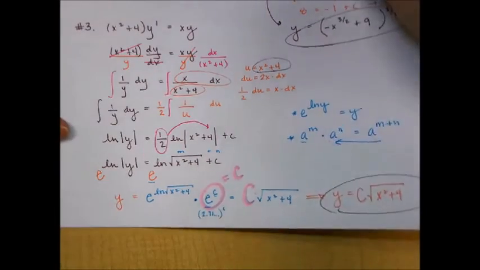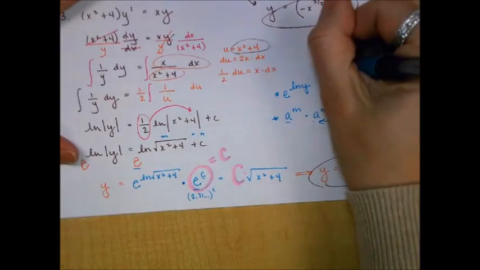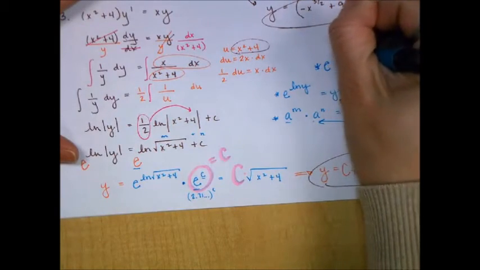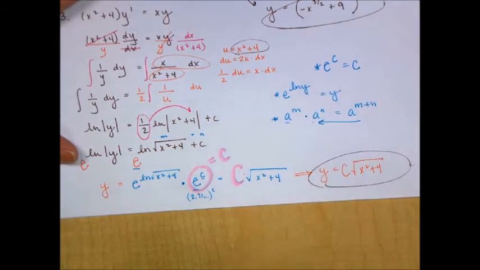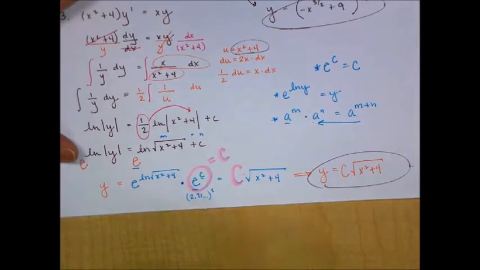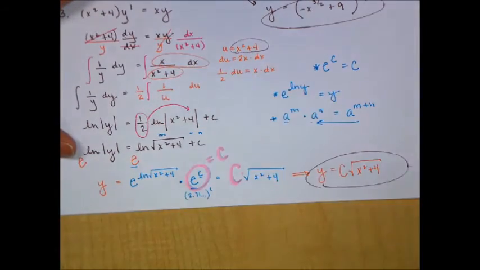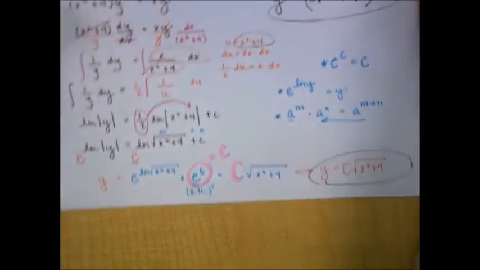And I don't know if you guys want to make this note, but we might as well. e to the c is c, because we're going to see that again. All right, last problem here, number 4.